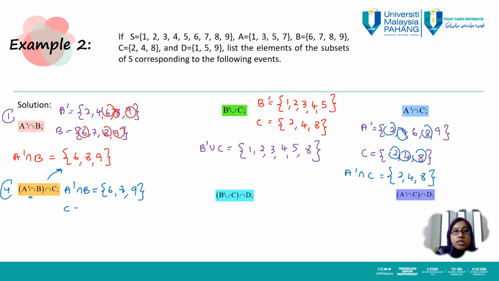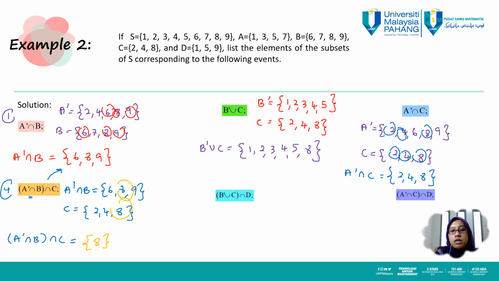And C is equal to 2, 4, 8. So let's find the intersection. That means A prime intersect B intersect C is equal to, what is the same element here? We can find 8 only. That means the element is 8 only.